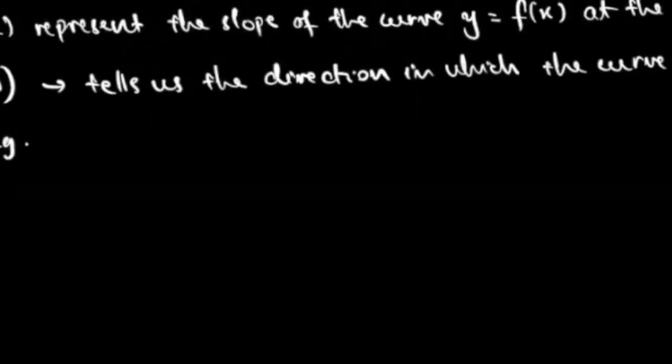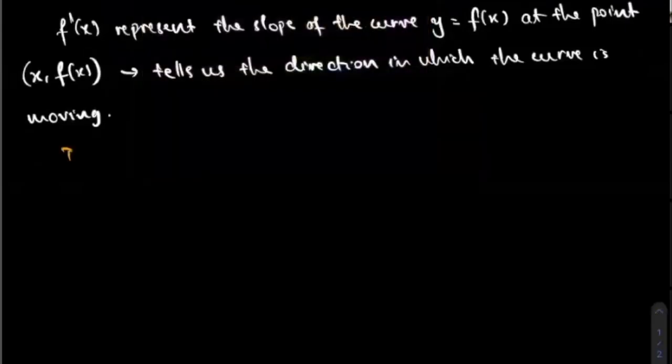We say that if you have a flat spot, a horizontal tangent line going through that point, the first derivative is equal to 0. If the function is increasing, the derivative is positive. If the function is decreasing, then the derivative is less than 0. We call this the increasing and decreasing test.